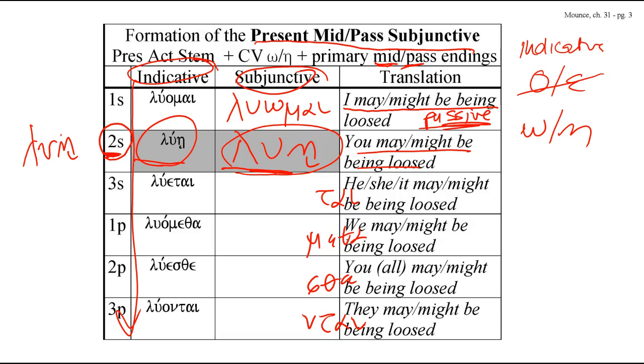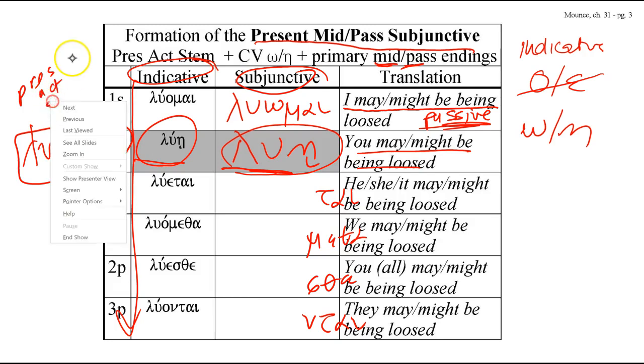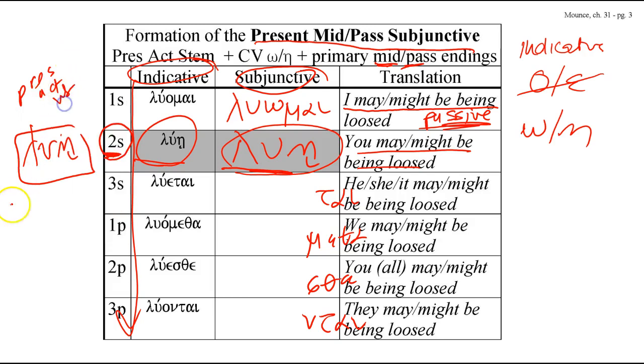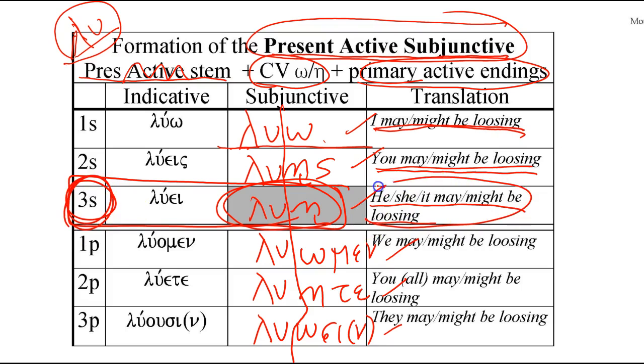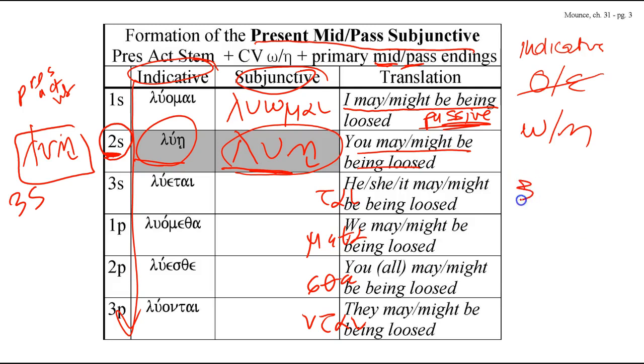That's the passive translation. Or it can be translated as the present active subjunctive. This was a third person singular form in our previous slide. If you look at the previous slide, you have luē here. This is the third person singular. So you can translate this as he, she, it may or might be loosing. So there are 3 translation possibilities for this one form luē. I want you to be aware of that.